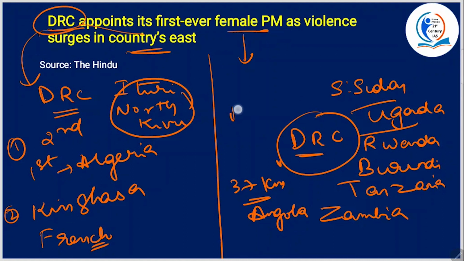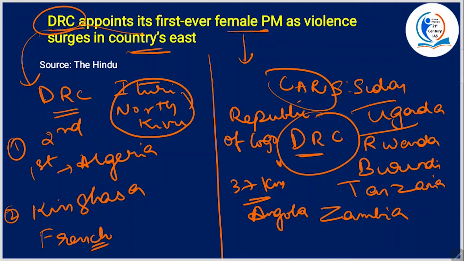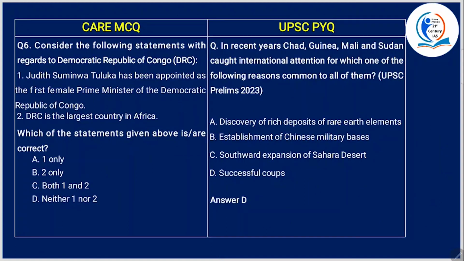Then here you will have Republic of Congo, and Central African Republic. All right. These are some basics that you have to remember.